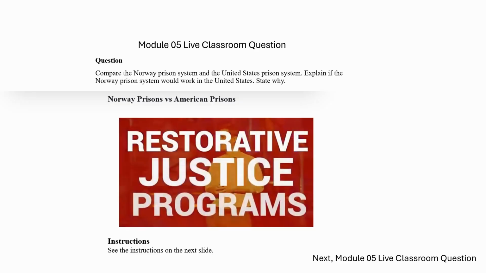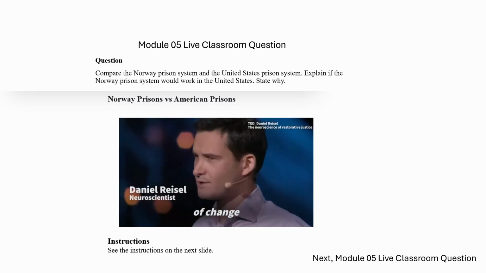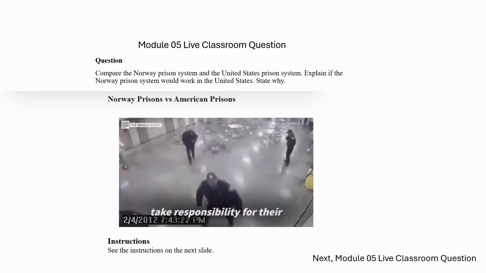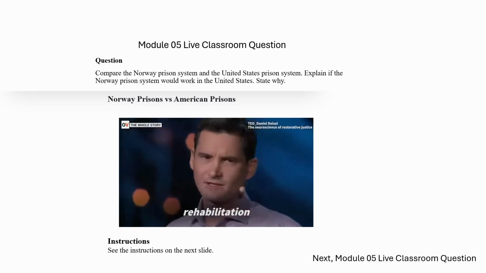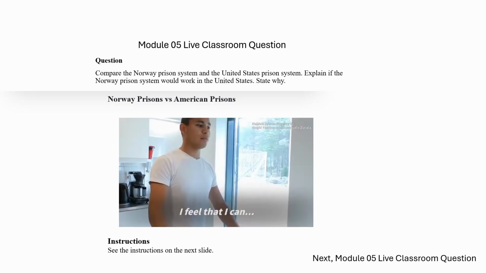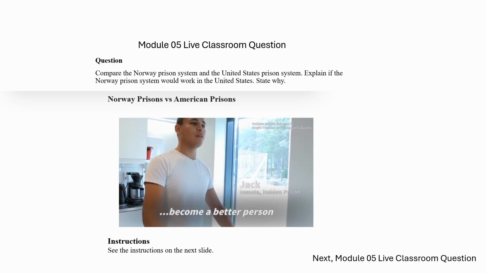Restorative justice programs. Because our brains are capable of change, we need to take responsibility for our actions, and they need to take responsibility for their rehabilitation. Prison has lots of possibilities to go to school and everything. I feel that I can become a better person.